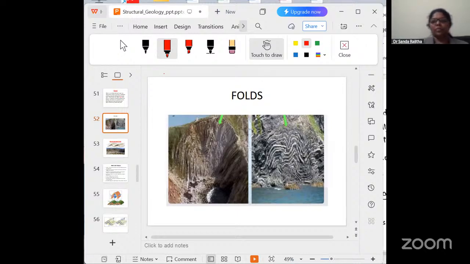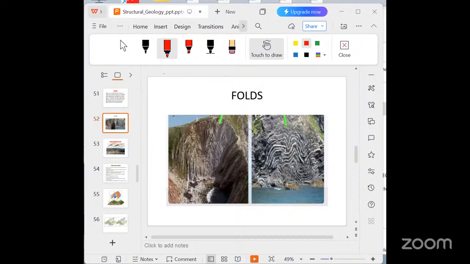So now, today we are going to talk about the topic of folds, right? So what is a fold? A fold is this bending of rock strata due to what reason?